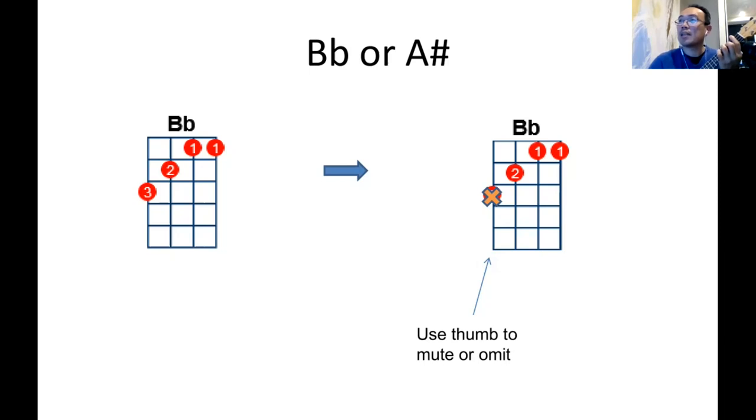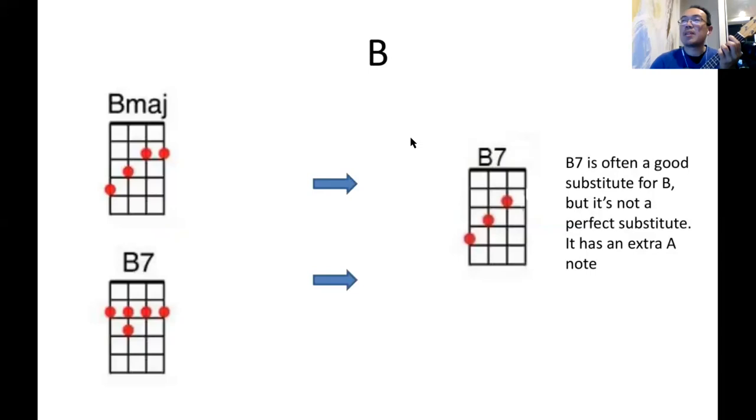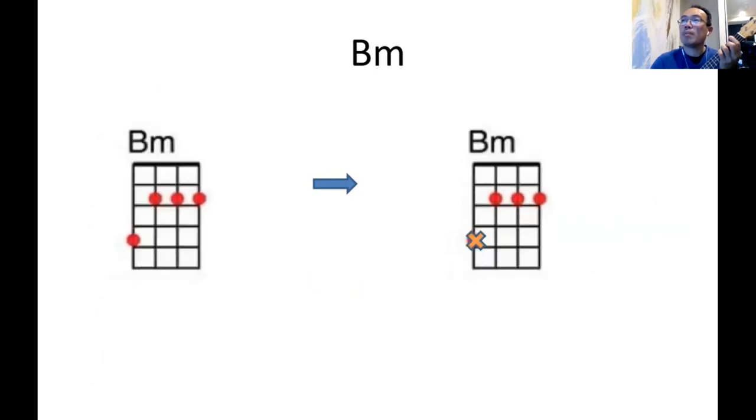Let's move on. I think there are only a few more chords left. B, yeah, B7 is often a good substitute. Not always, but it's good enough. B minor, like I said, omitting that G string works perfectly.